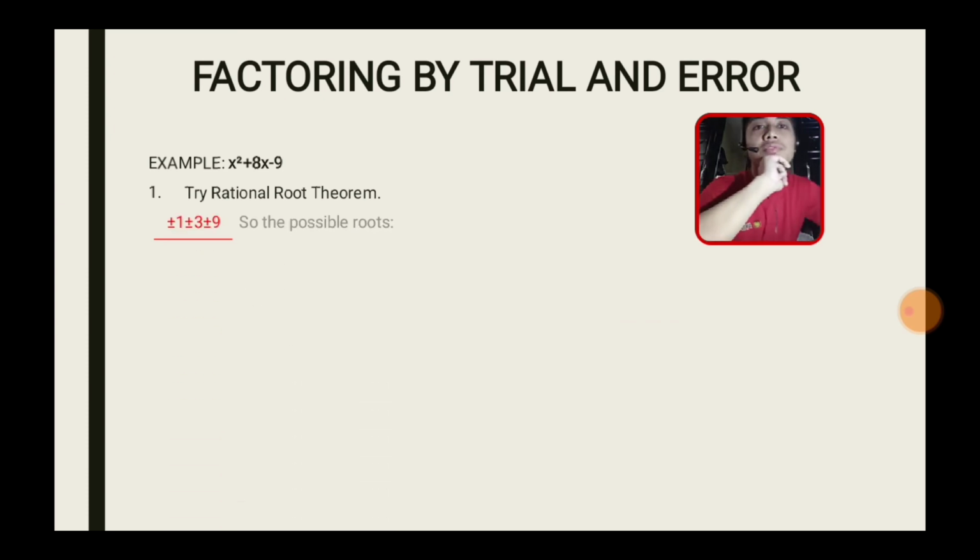We are going to find the factors of the constant term over the factors of the leading coefficient. So the possible roots are positive negative 1, positive negative 3, and positive negative 9. We have 6 possible roots.